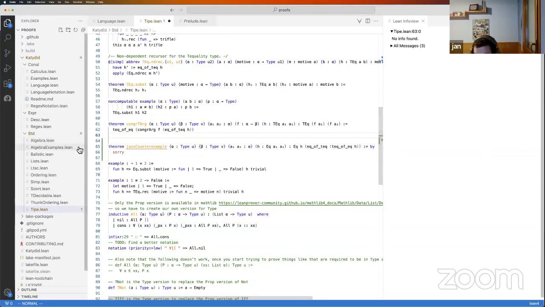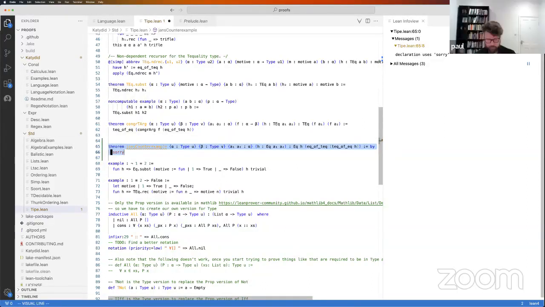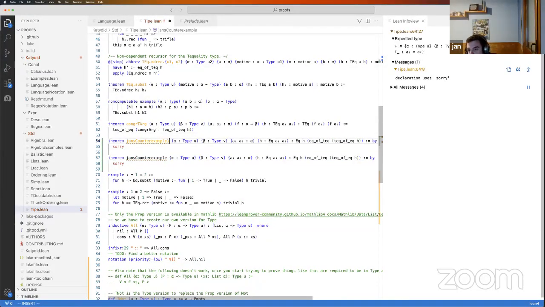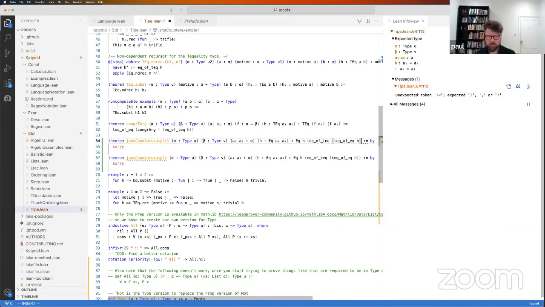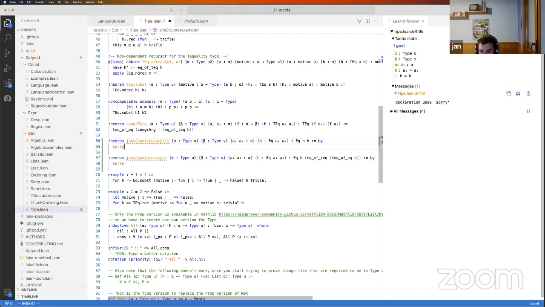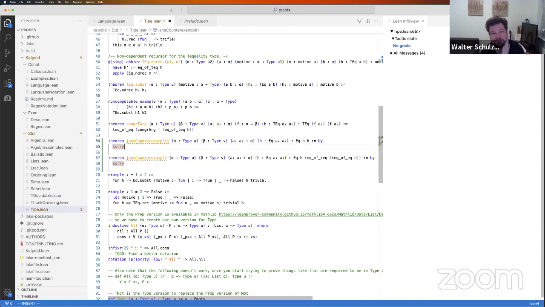Can we try to copy Jan's counterexample and remove the EQ of TEQ and TEQ of EQ? Do you want to prove H equals H? I believe this should be possible. I could be wrong. No, this is what I'm saying is not possible.